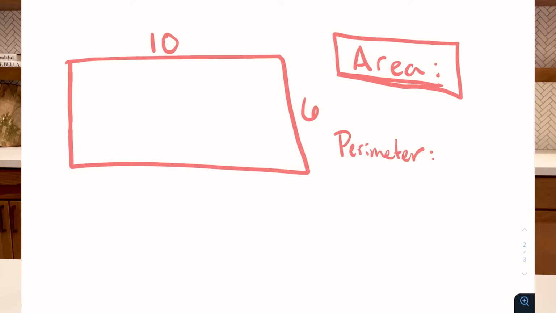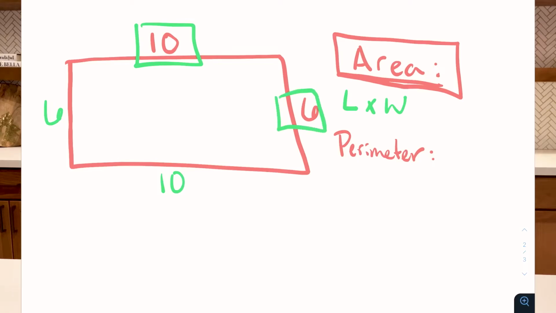Okay, I hope that you've figured that out, that this is going to be 6 and this is going to be 10. Our formula for area is length times width. Our length being 10 and our width being 6. So 10 times 6 is equal to 60.